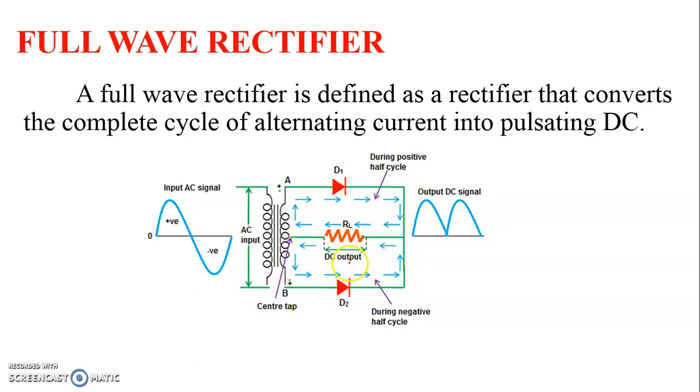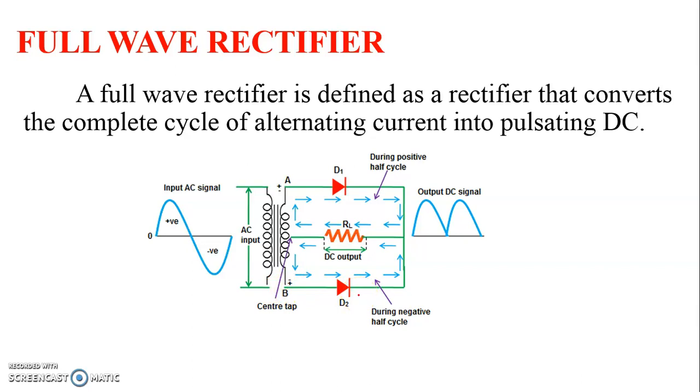In the resistor R, we measure the DC output. So this is the center tapped transformer. The first terminal is connected to the diode D1, the center terminal is connected to the load resistor, and the third terminal is connected to the diode D2.